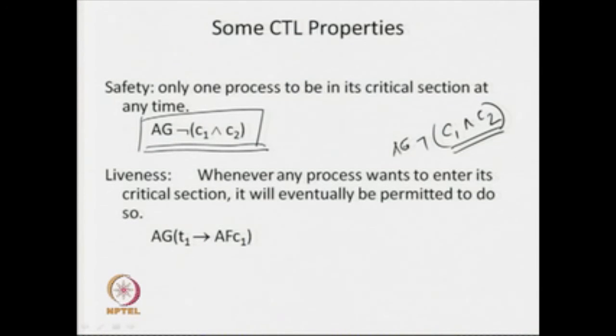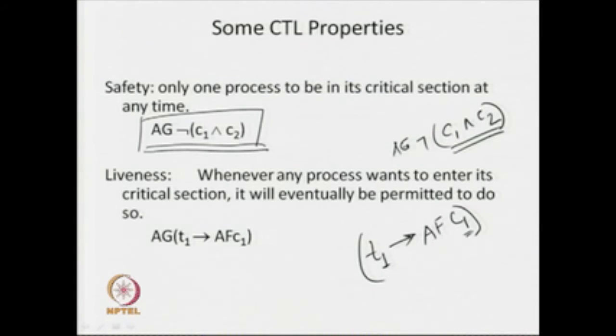Similarly, for liveness, we are saying that whenever any process wants to enter the critical section, it must eventually be allowed to enter. T1 says that process P1 is trying to enter the critical section. Then, if it is true, in all paths in future C1 must hold. So, if process P1 is trying to enter the critical section, then from that point, wherever you go, in all paths in future that process must get into the critical section.